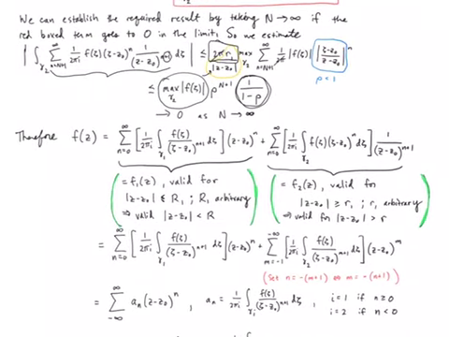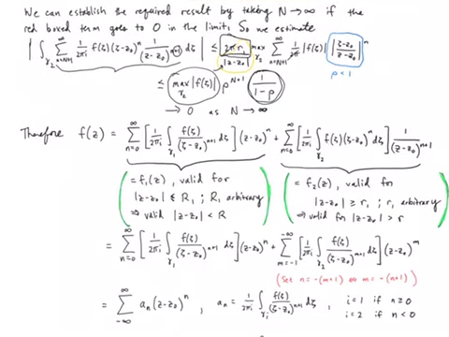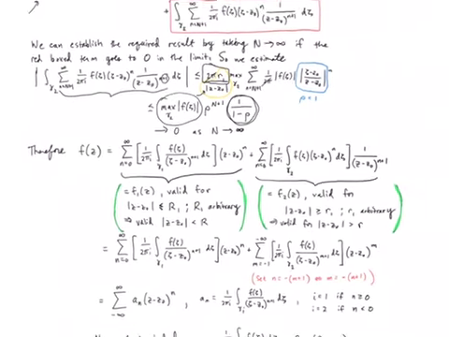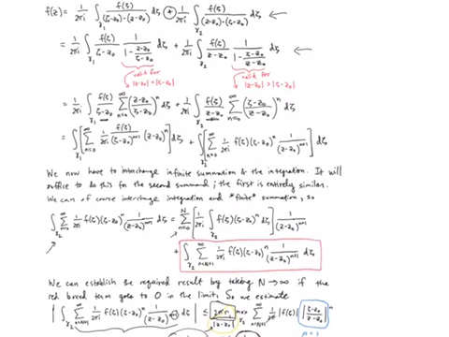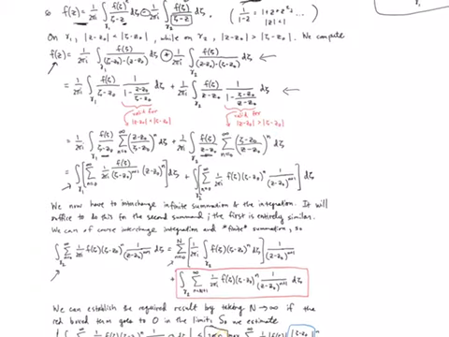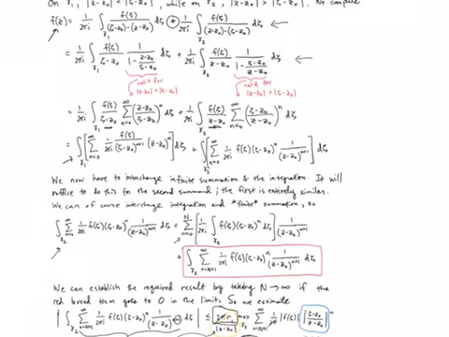So after you pull out the sum, what you find is your f of z. Remember our computations were that f of z was equal to this sum here. So starting with f of z, you find that it's equal to the sum of these two integrals of infinite sums.